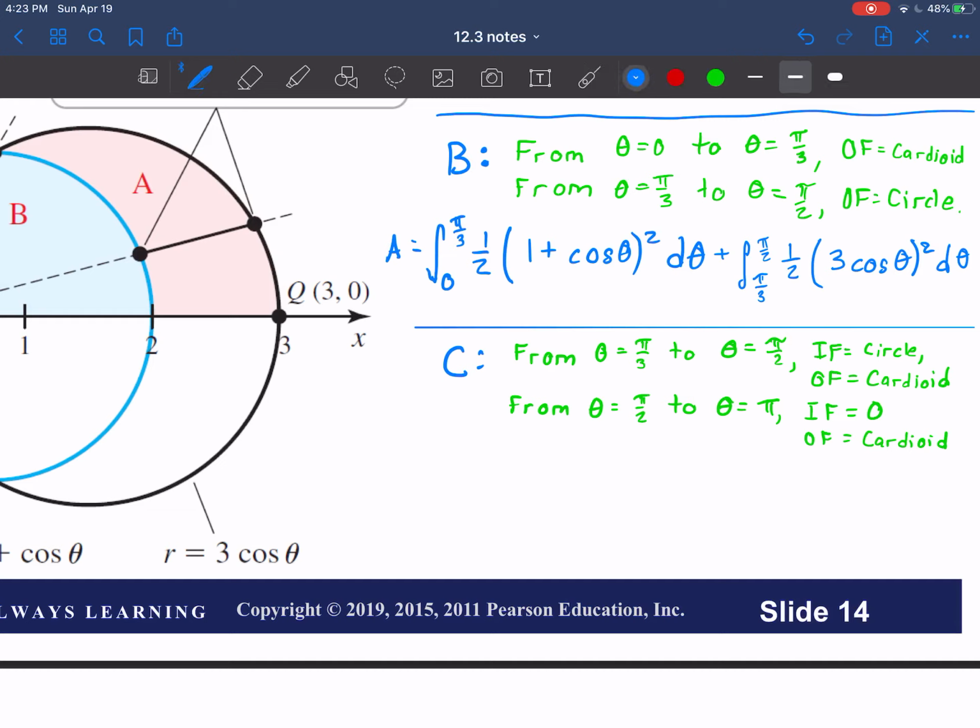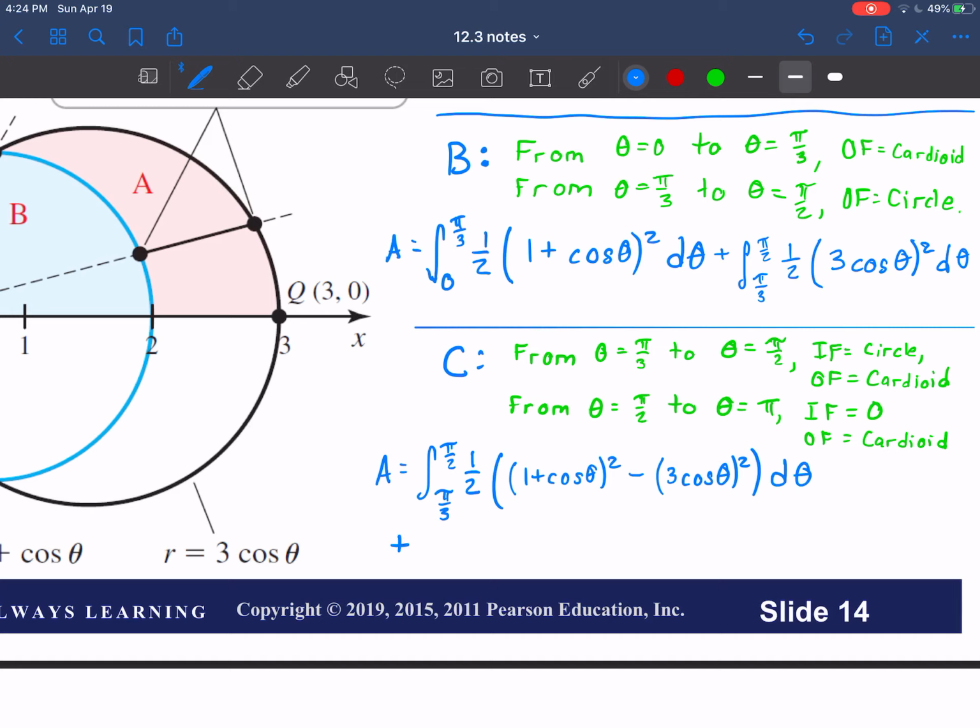And so finally, the calculation will be as follows. It once again will have to be a sum of two integrals. The first one from pi over 3 to pi over 2 of 1/2 times the outer function squared, which is 1 plus cosine theta, squared minus the inner function squared, which is 3 cosine theta squared, d theta.